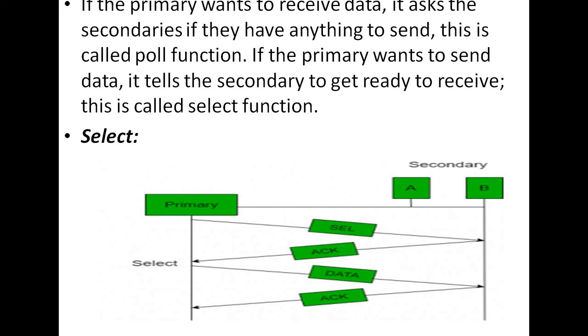If it has something to send, the primary device sends it.